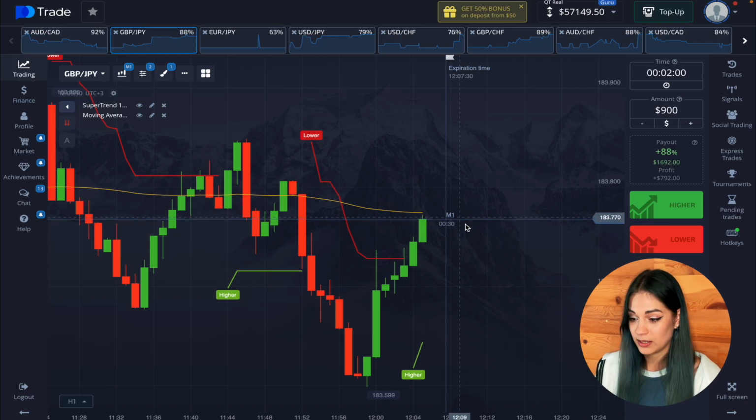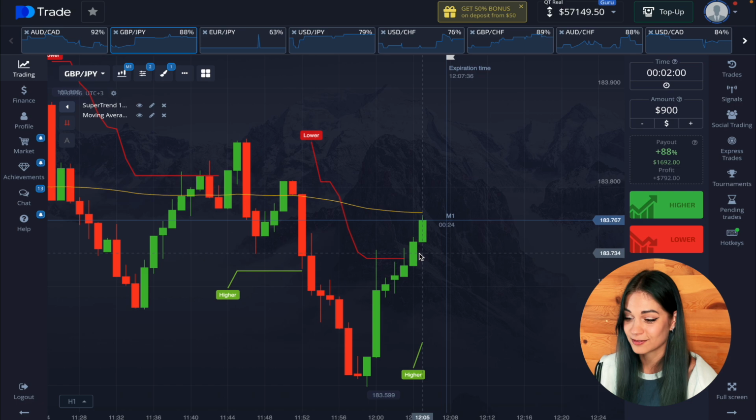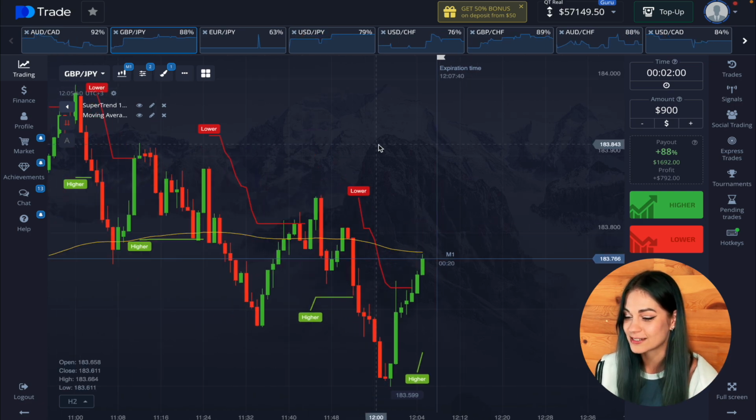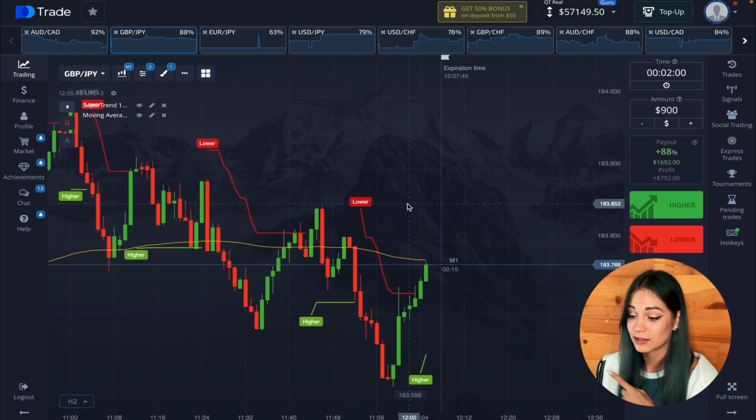But maybe if there's gonna be a breakthrough of the 150 EMA, sorry, I'm thinking and looking and talking at the same time. If there's gonna be a breakthrough, then we're gonna enter a deal, but for now it's too risky.